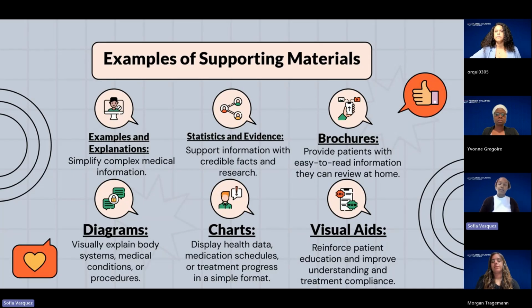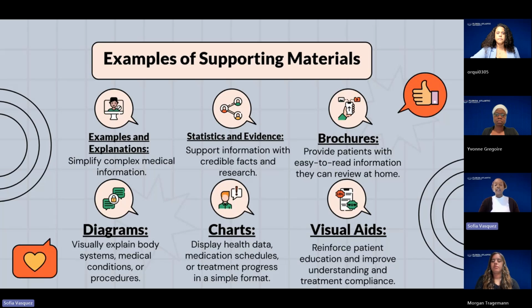For example, if I'm speaking to a patient that was recently diagnosed with hypertension, instead of saying hypertension, I would say you have high blood pressure. By explaining that, using statistics and evidence to support the information, and citing credible sources, I'm able to reinforce trust within the patient and in the information that I'm giving them.